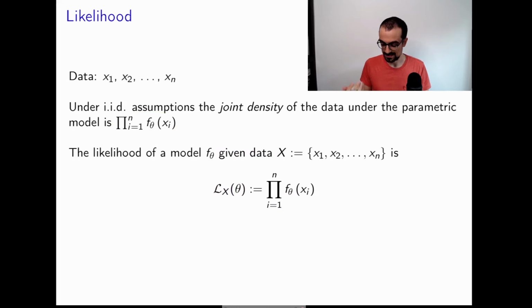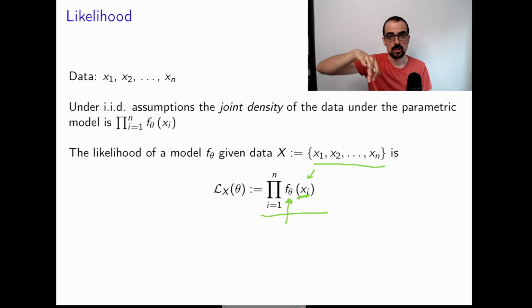Okay, so we call the likelihood of a continuous model with respect to these n data points the density at the data points, as a function of theta, because just as in the case of the individual data point that I just described, here we're going to fix the data, and we're going to ask ourselves, how could I tweak the parameter theta to get the highest possible density at the observed data?